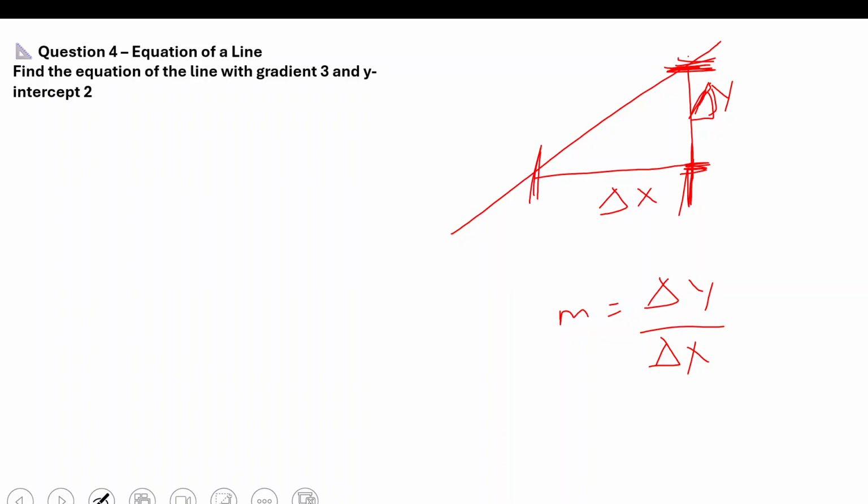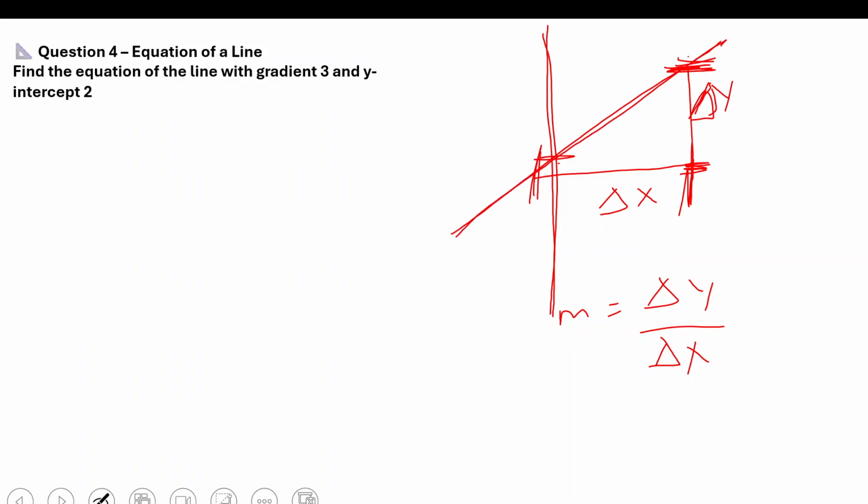Now, intercept means the points on the Cartesian plane where the line is meeting or cutting the axis. So if they say that the intercept is 2 at the y-axis, it means that where this line cuts the y-axis is 2.